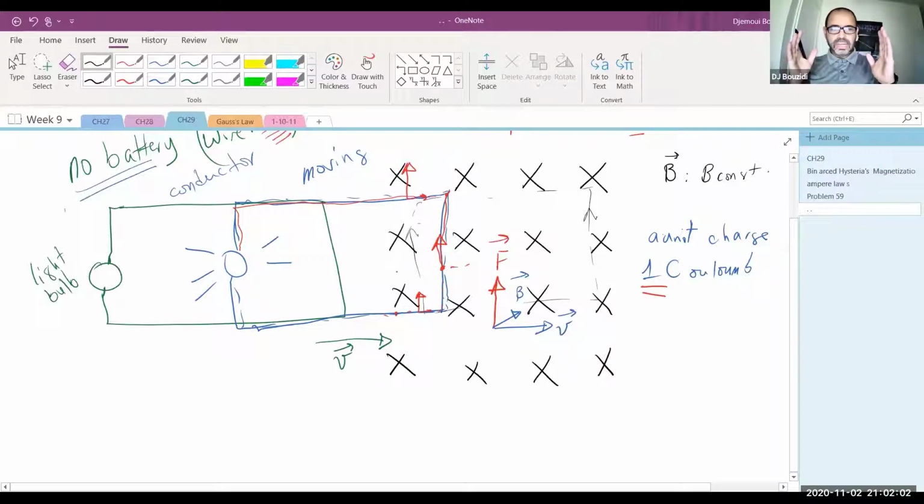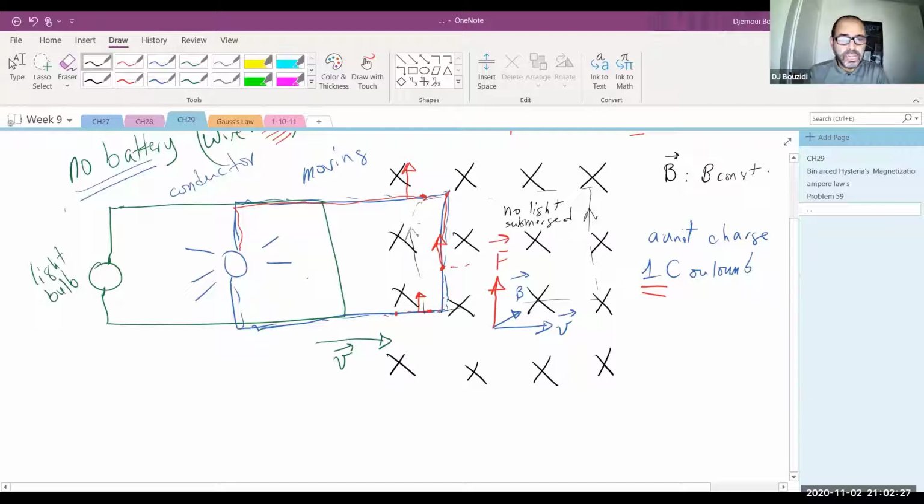Assuming there is symmetry, there will be enough charges trying to go up and enough charges to compensate for them, and there will be cancellations. In this case, there will be no current. The light will go off. So no light when it's completely submerged.